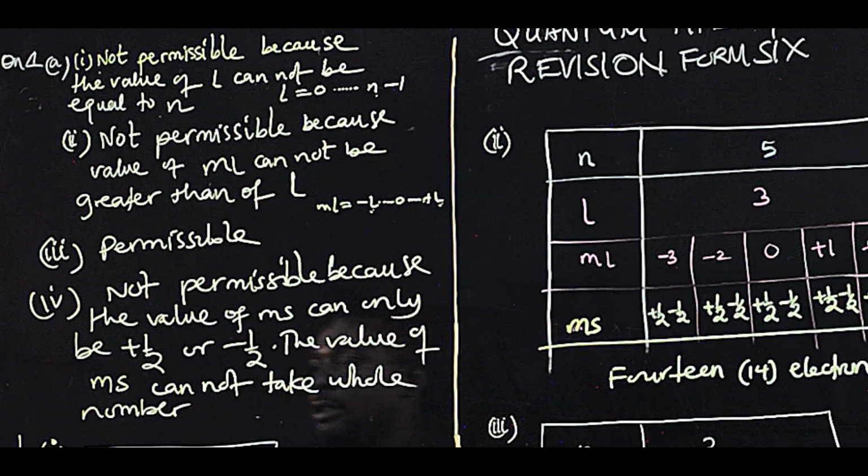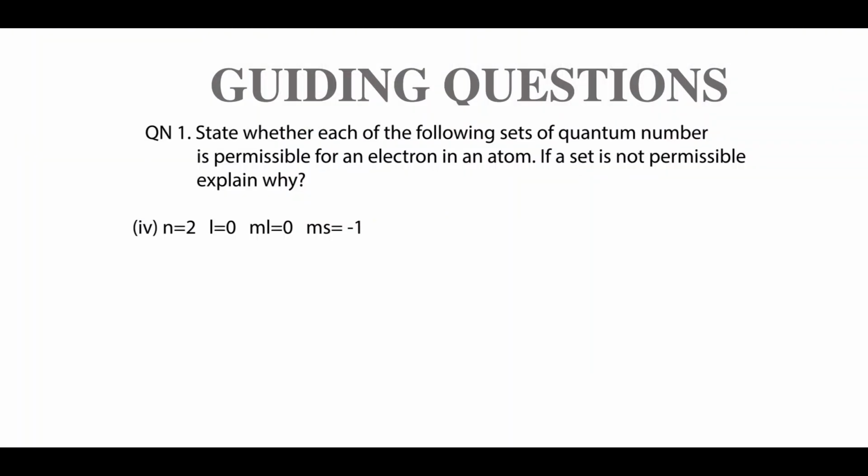And the last, Roman 4: n is equal to 2, l is equal to 0, ml is 0, and ms is negative 1. Use knowledge of the 4 sets of quantum numbers to account whether these are permissible.